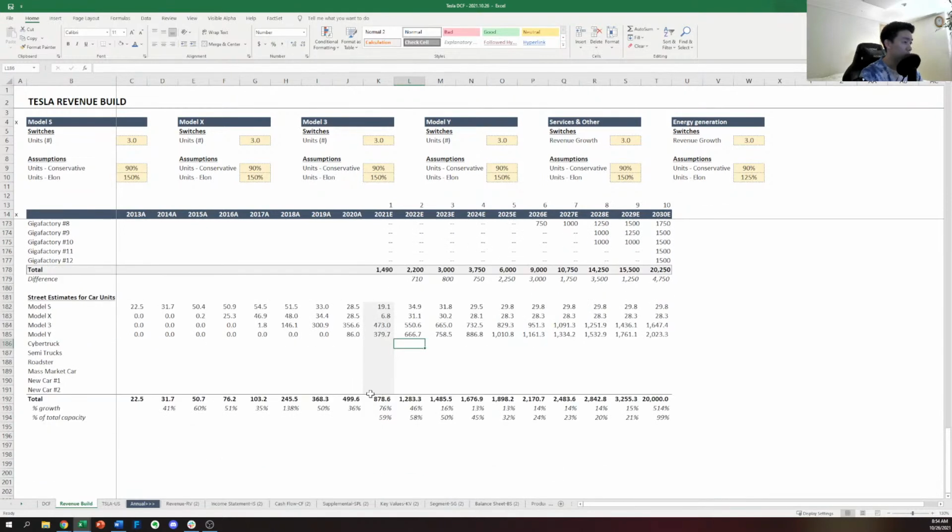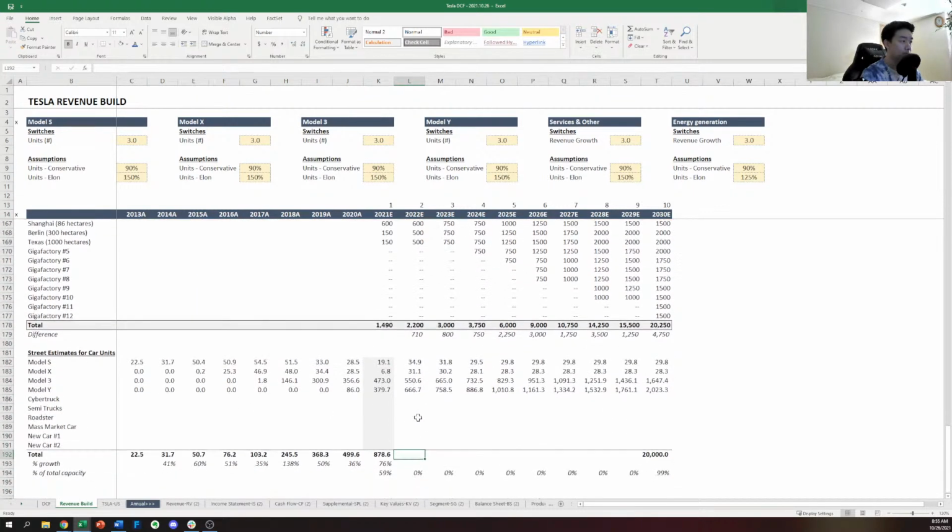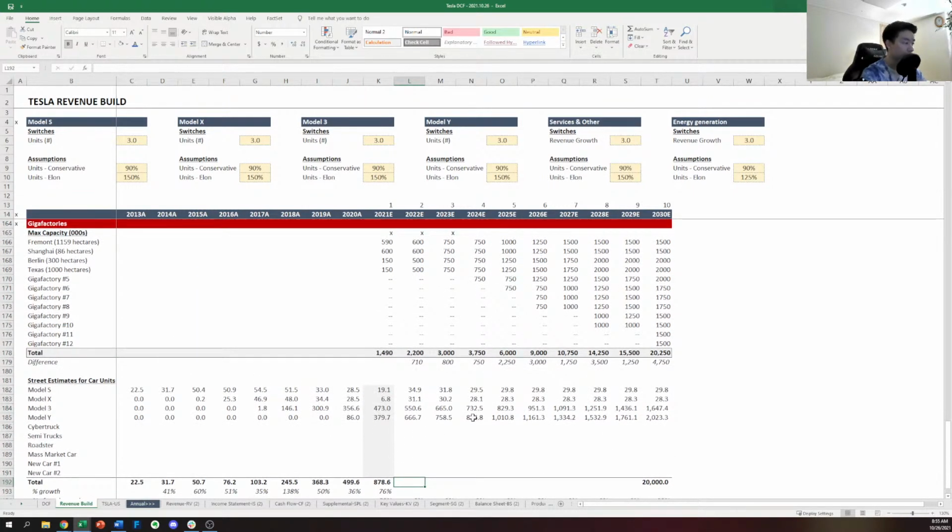Oh, what should we do here? Okay, so this is growing by 59%. Oh no, it's capacity, 76%. Okay, so, oh, right, that's what we're going to do. I'm now going to shift my entire focus into building the most optimistic case that I can.